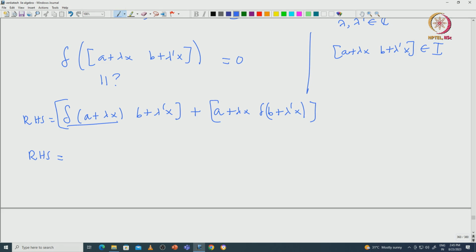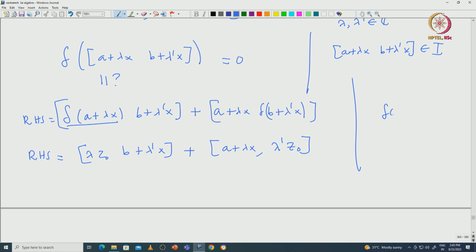Here you can see that delta of a is 0. So, you get lambda z naught, and then here you get b plus lambda dash x, and then plus here you get a plus lambda x, and delta of b is 0. So, delta of x is z naught. So, you get lambda dash z naught. Okay.